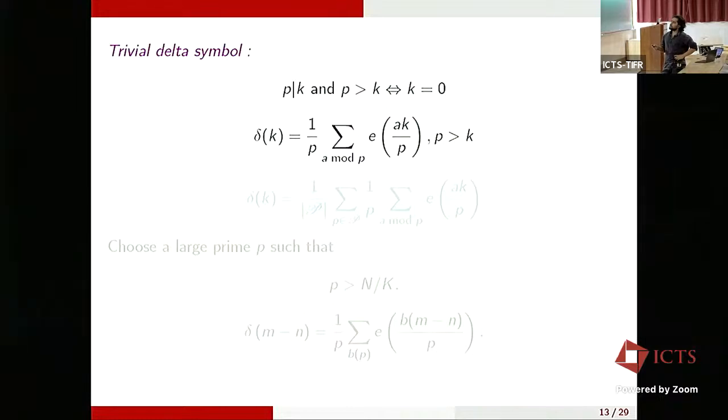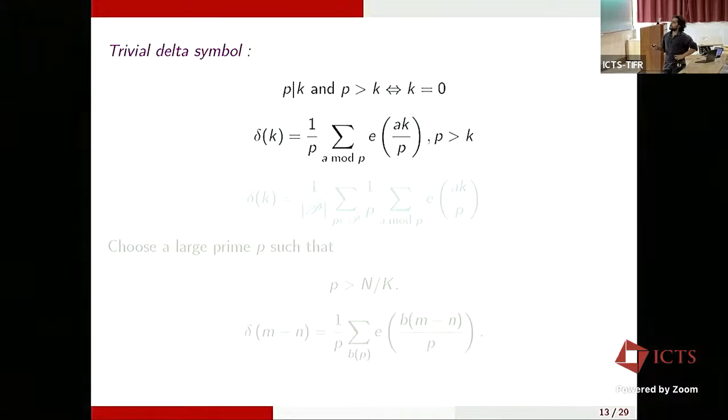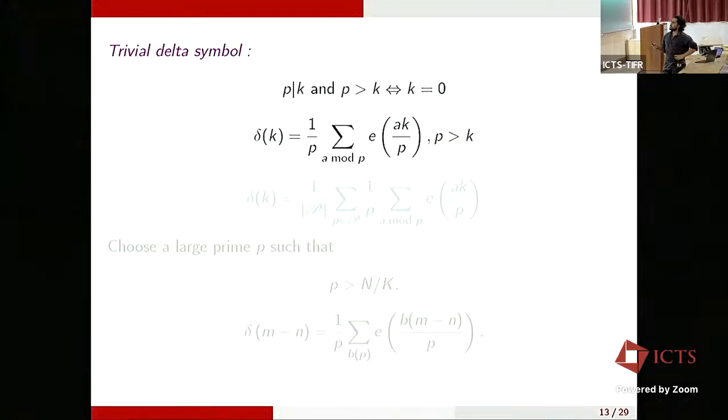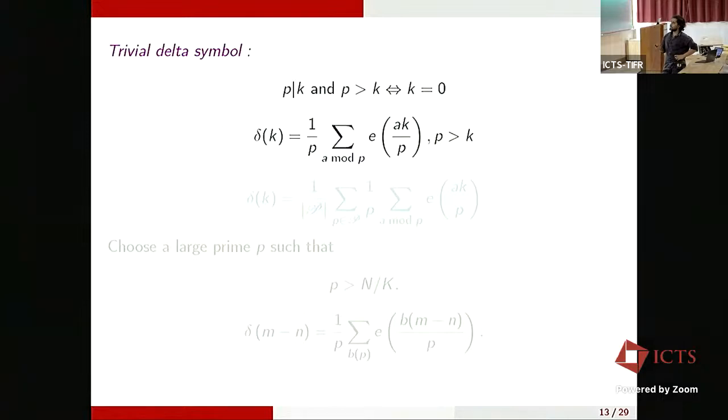In other words, if there is a divisor which is bigger than an integer k, then k has to be 0, and that's how we detect. So we can detect this congruence condition using this bunch of additive characters, and here we require that this modulus be bigger than k.